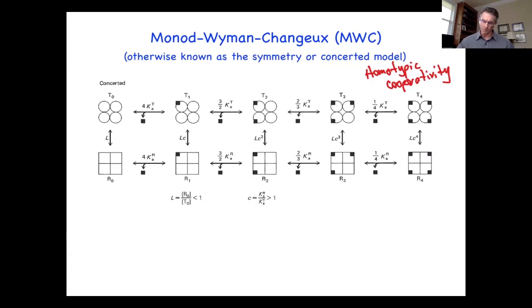It can also, or I should say homotypic positive. I say positive cooperativity, right? It can also explain heterotypic positive cooperativity, right? Where we have a separate ligand, a second ligand, right?